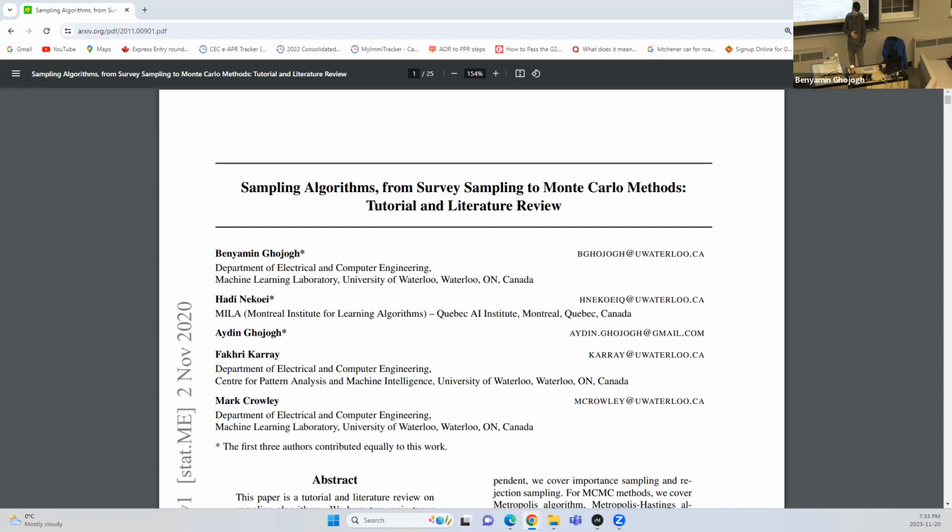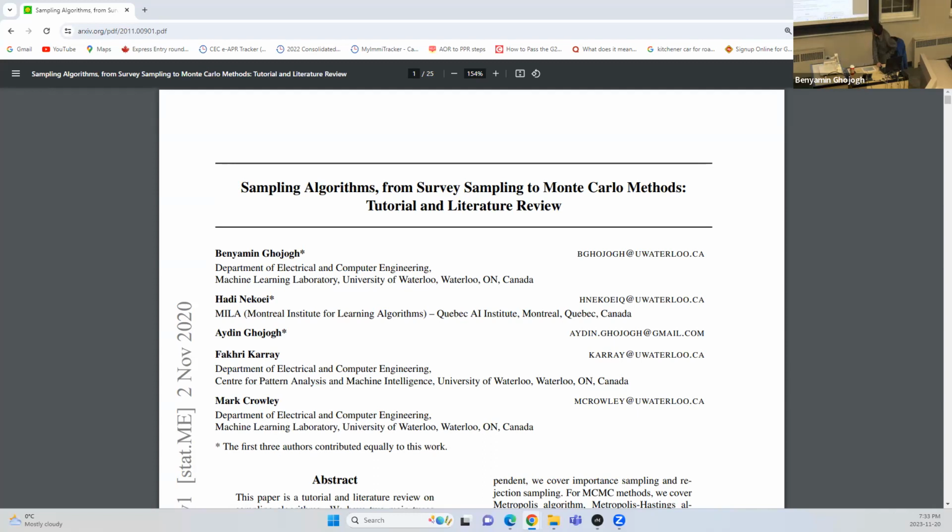Or simple random sampling with replacement, without replacement, stratified sampling, right? Another method is when you have a distribution, like a Gaussian distribution, and you sample from this distribution. So as you see, you're using sampling in two different senses. The first one, sampling from a set, is called survey sampling. Sampling from a distribution is called Monte Carlo sampling.